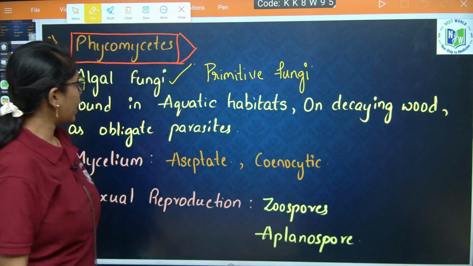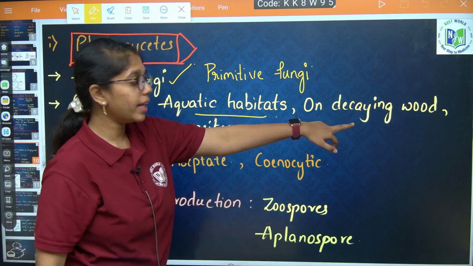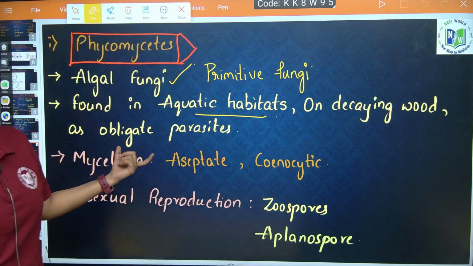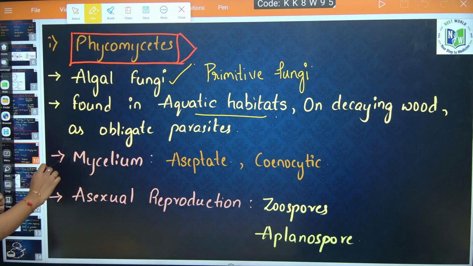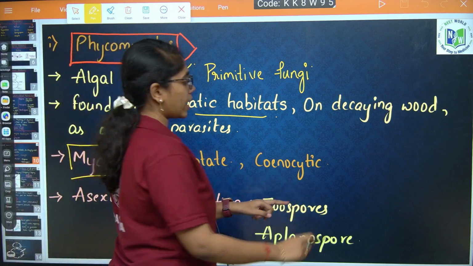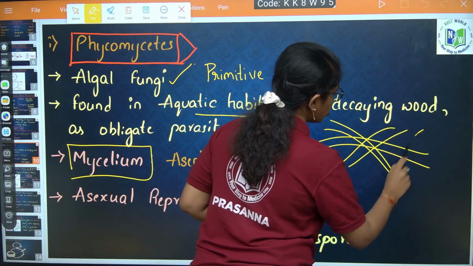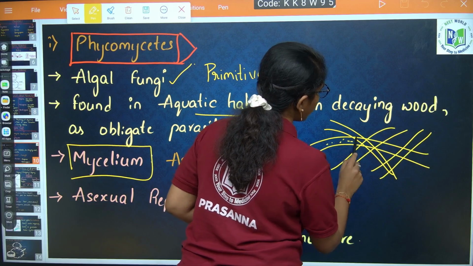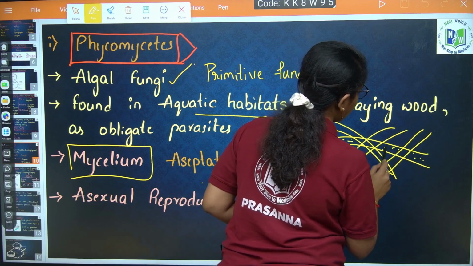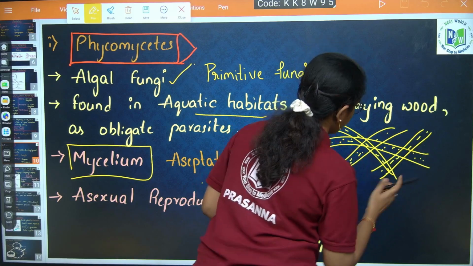This primitive fungi is found mostly in aquatic habitats, on decaying wood, and as obligate parasites. The mycelium is aseptate and cenocytic. As I already said, they are continuous tube-like structures without any septa, continuous multinucleated tube-like structures. What are they?